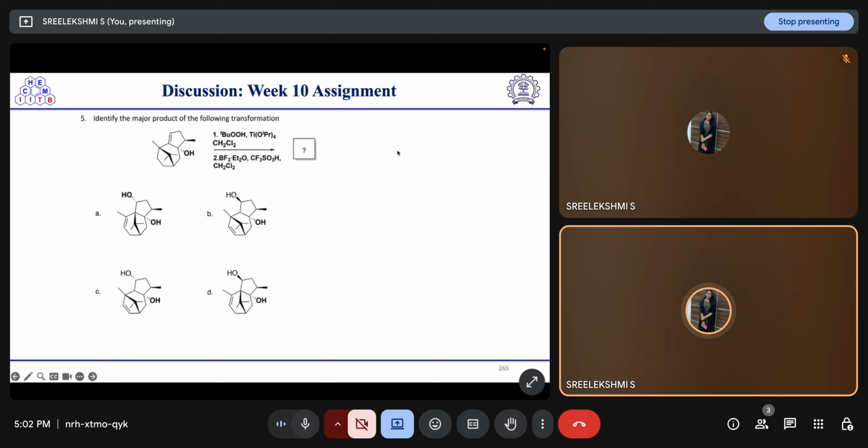Here the question is, this compound upon treatment with tertiary butyl hydroperoxide, titanium tetraisopropoxide in DCM, and in the second step with BF3 etherate and trifluoromethane sulfonic acid in DCM, which will be the major product here. So four options are given here. You have to identify what is happening in the first step as well as in the second step. So I will give you a couple of minutes to think about it.